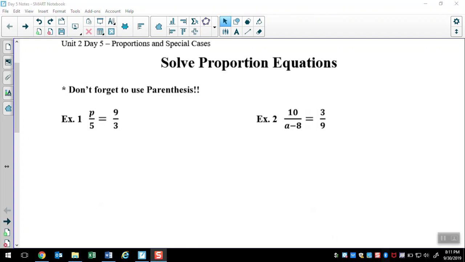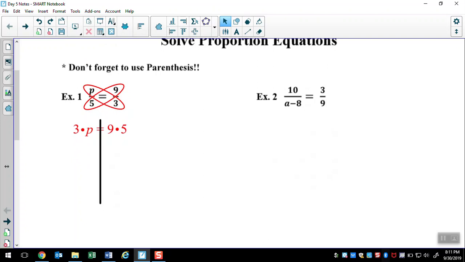So if you remember correctly, whenever we have a ratio equal to another ratio, if we want to find that missing one, we can multiply our diagonals. So I can do 3 times p, and I can do 9 times 5. Alright, now I've got a bit of an equation to solve here, so I can start by simplifying.